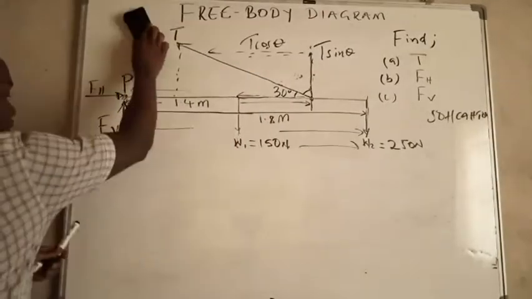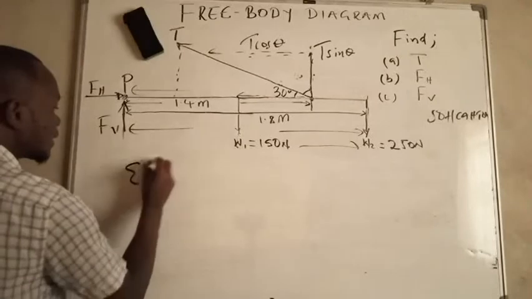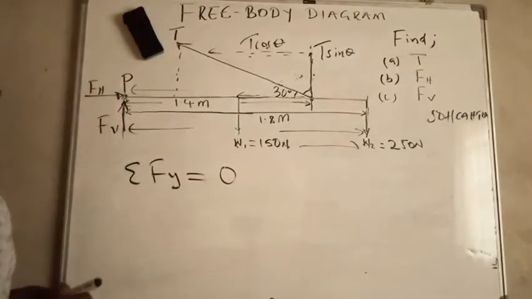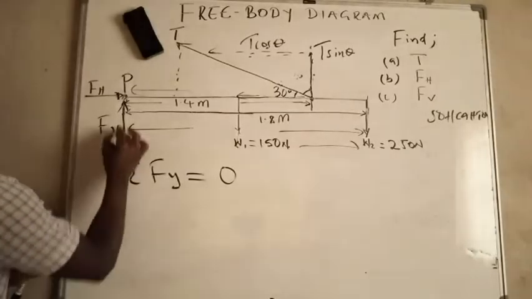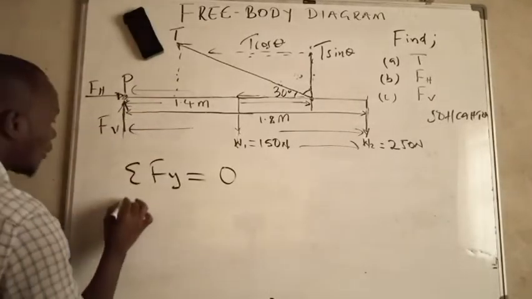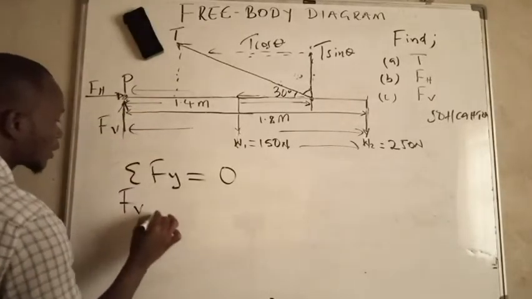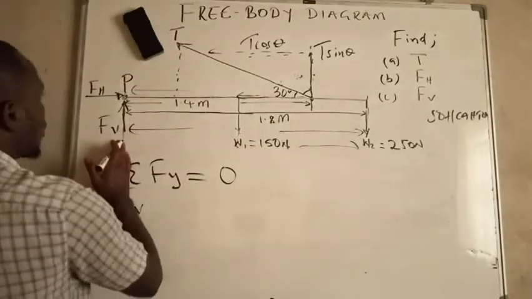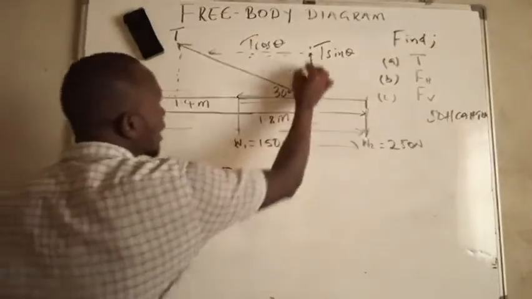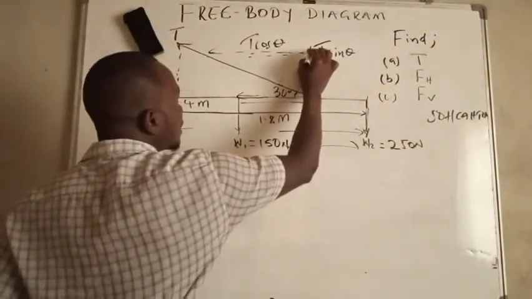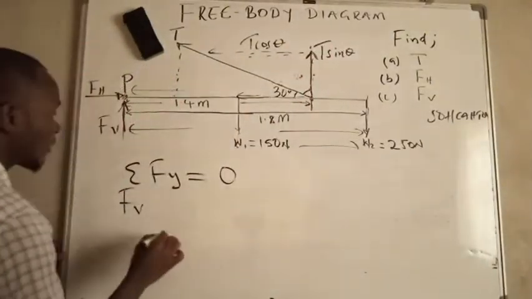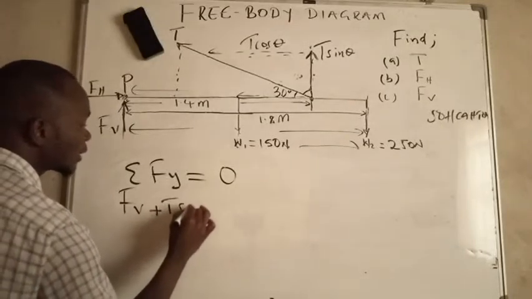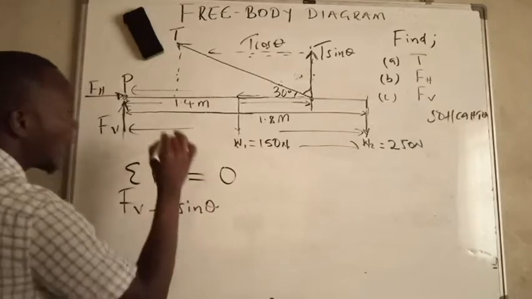We again know that the summation of forces in Y must give us 0. So here we have this one, which is the vertical component of the force. Then we also have these that are pointing upwards: this one, and then the T sine theta, so upwards, T sine theta.